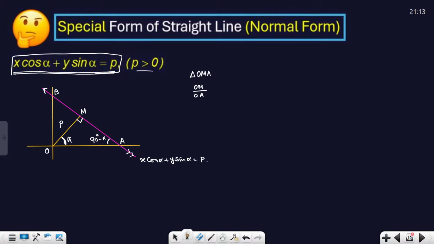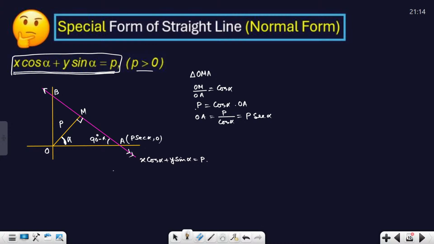It is base over hypotenuse, which gives us cos alpha. OM is p, so p equals cos alpha into OA. So what is your OA? OA is basically p over cos alpha, means it's p sec alpha. So the point A is p sec alpha, comma 0.